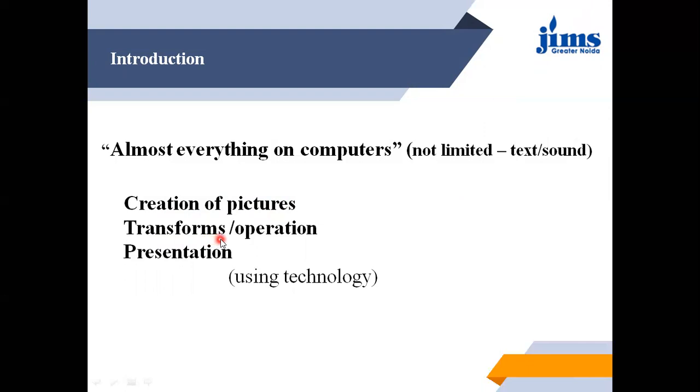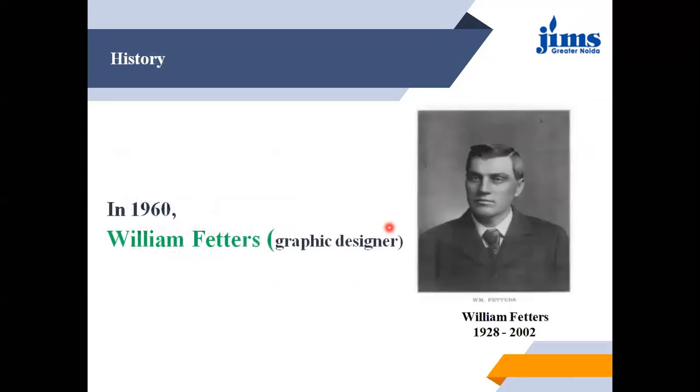There are a lot of operations we will discuss later on, but at this point we are only considering any type of operation, and presenting them on a display device, any display device. So computer graphics is the creation of pictures to perform some operations and present them using computers or any technology.